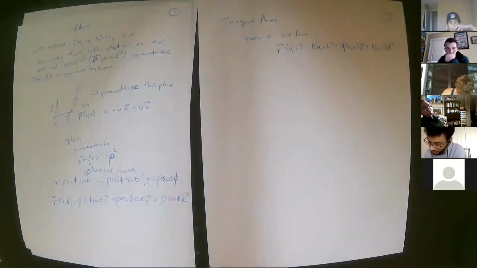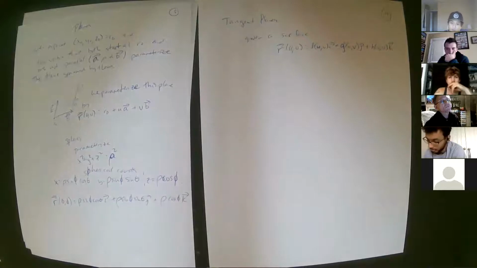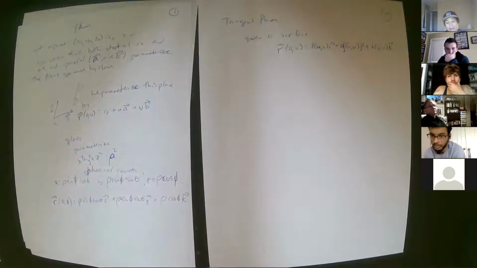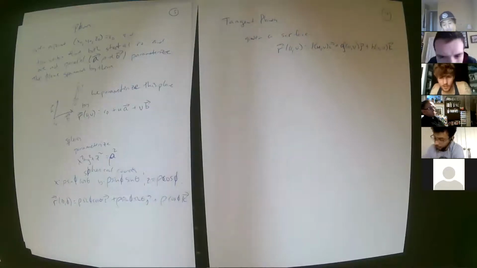What are you going to want to do? We already know how to parameterize planes if we have two vectors, right? And a point. So we need to find the appropriate vectors that describe my tangent plane. And what are those appropriate vectors going to be, do you think? Let's try to draw a picture.